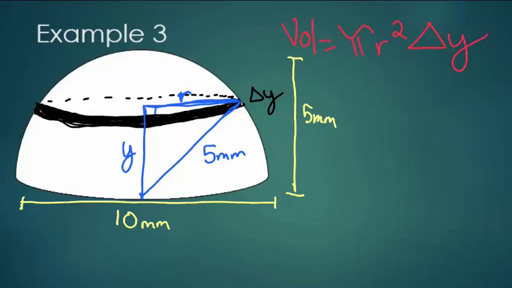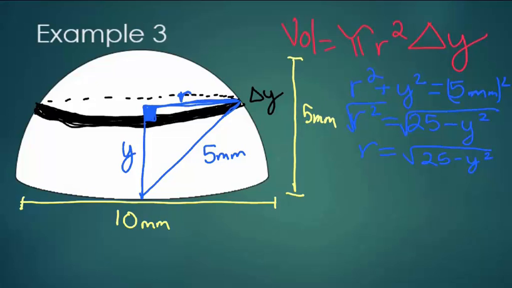This forms a right triangle, and we have that r squared plus y squared is equal to 5 millimeters squared. We're going to get this in terms of y, so r squared is equal to 25 minus y squared. Take the square root of both sides. r is equal to the square root of 25 minus y squared.